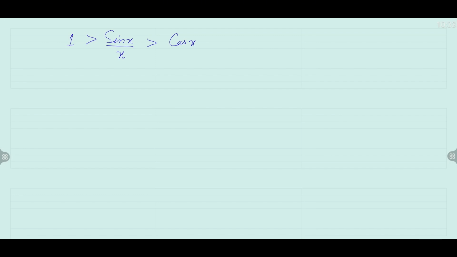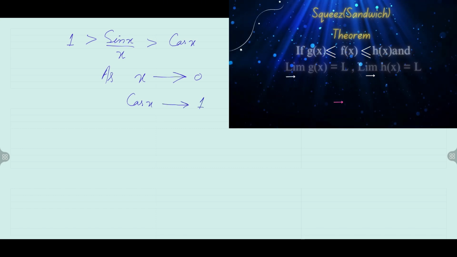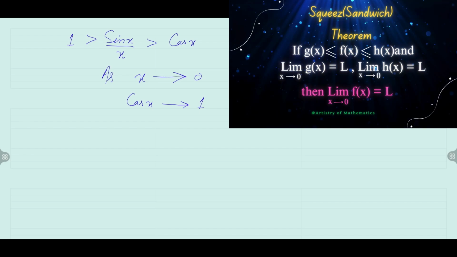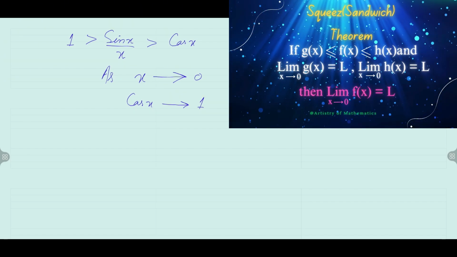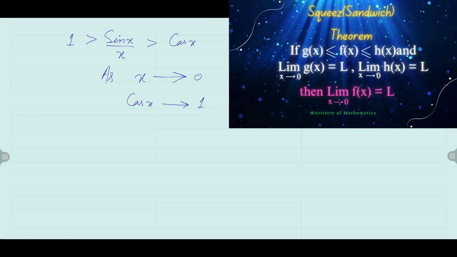As x approaches to 0, we get cos x approaches to 1. Now here we will take the help of squeeze theorem, or you may say sandwich theorem.